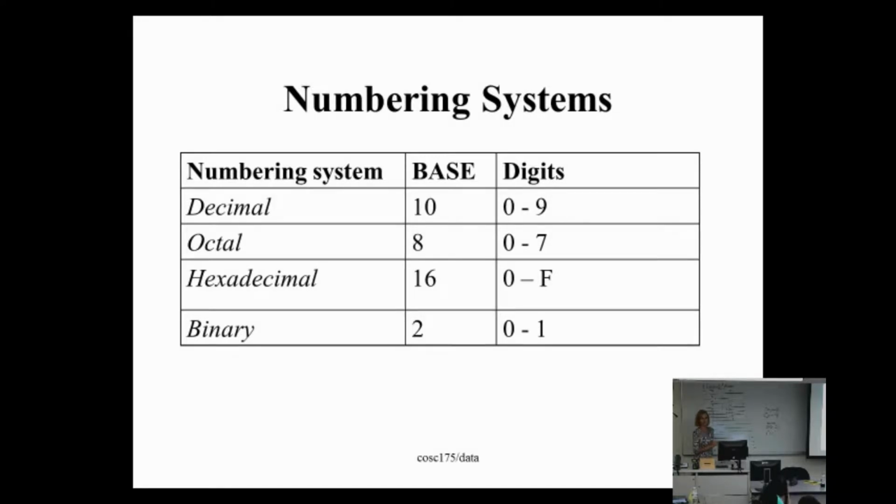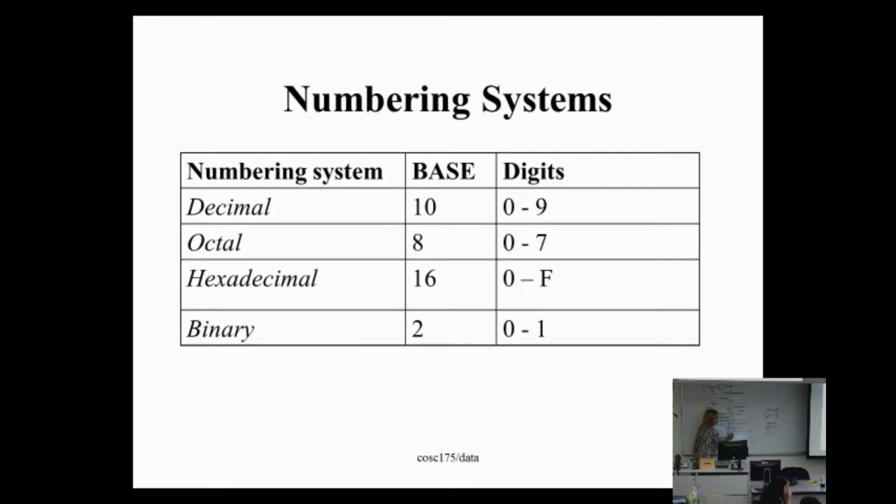And then we're out of digits, so we have to go over to the next. Okay, what do you think comes next? 1, 0, 0, 0. 1, 0, 0, 1. 1, 0, 1, 0. 1, 0, 1, 1.